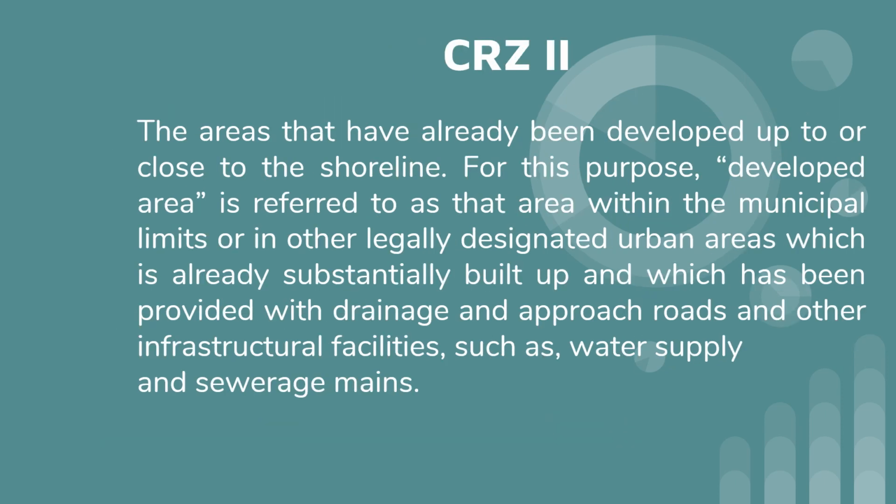And the next is CRZ 2. The kind of area that comes under CRZ 2 is the areas that have already been developed up to or close to the shoreline. So what does developed area mean? It refers to the area within the municipal limits or in other legally designated urban areas which is already substantially built up and which has been provided with drainage and approach roads and other infrastructural facilities, like water supply and sewage mains.